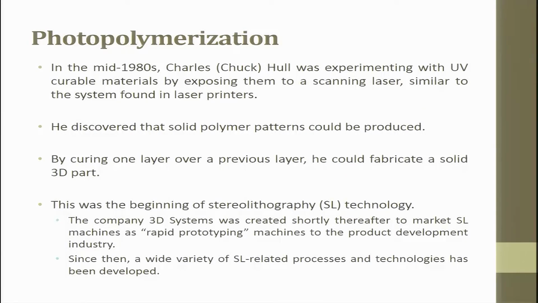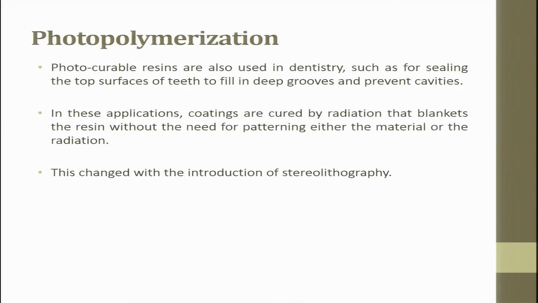Stereolithography is a process, and it is also interesting if you go back and look at it. Lithography is using light for making 2D structures. If I want to make a 3D structure, I call this process stereolithography.